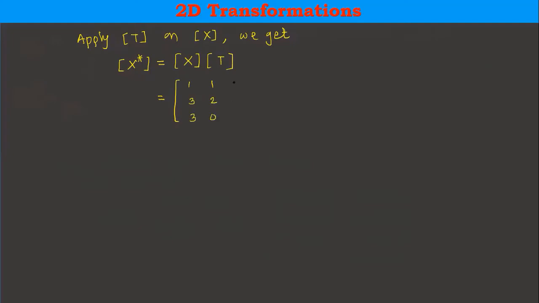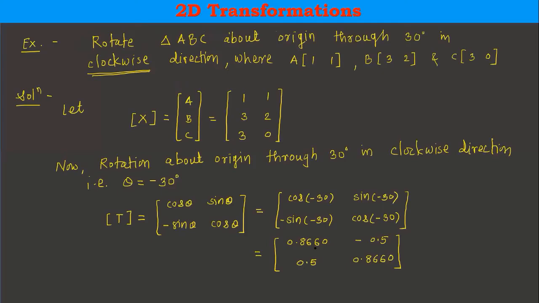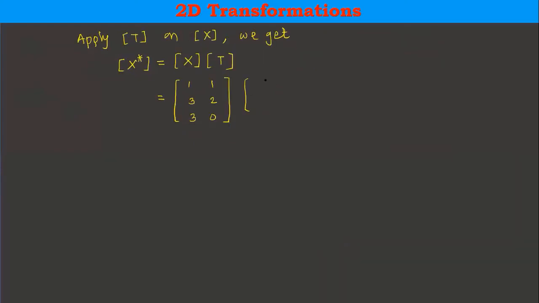This is our matrix X. And then T, the 2 by 2 matrix, which is 0.8660, minus 0.5, 0.5 and 0.8660. So like that we have the T.